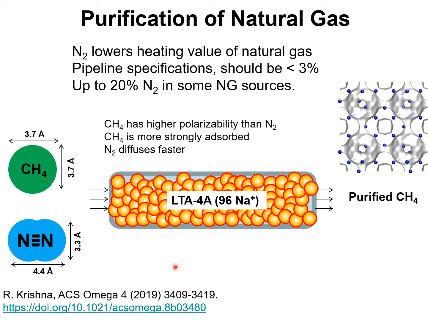And since the operation of such fixed beds is in a transient mode, in the early stages of transience, the crystallites of 4A zeolite are richer in nitrogen because it diffuses faster into the cages.